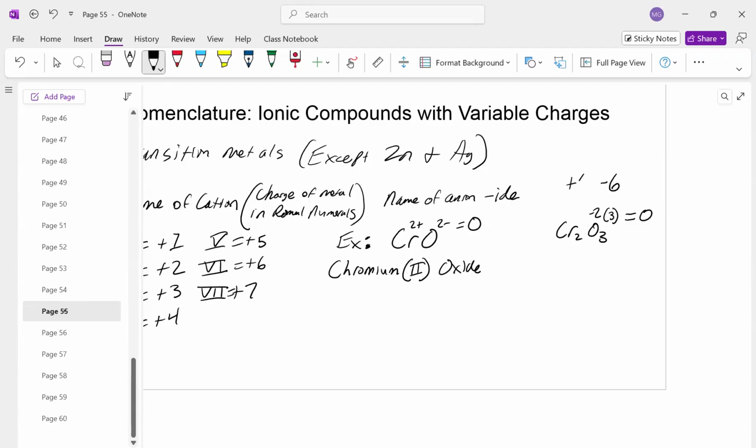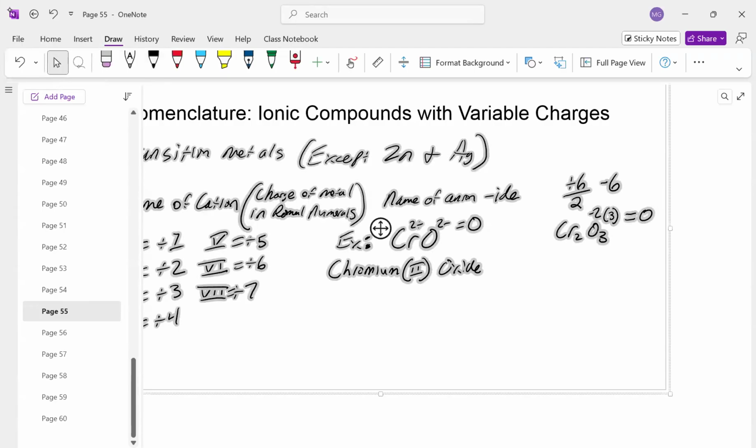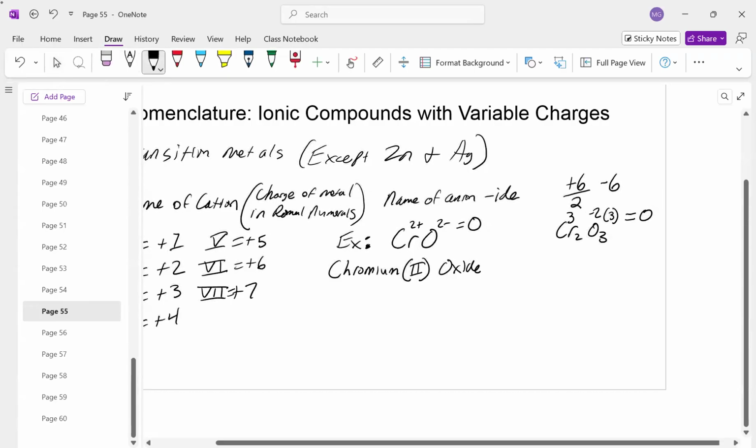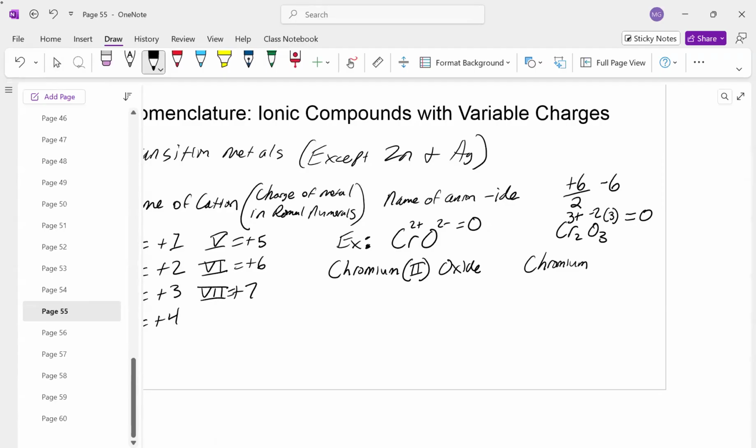All the chromiums then have to add up to +6 to balance it out. I have 2 chromiums, so I'll divide by 2. And that means chromium here is 3 plus. So in this name, I will say chromium(III) oxide.